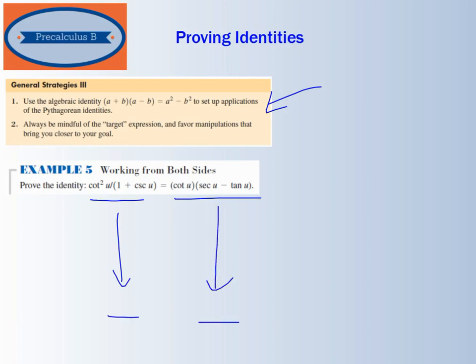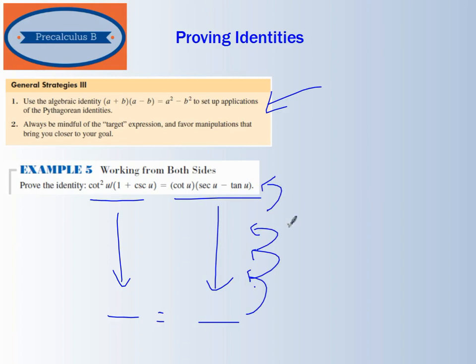Is that enough to be a proof? And the answer is yes, because if I can get to that value, then I can go backwards through what I did with the right-hand side to get to our final destination. So we can work from both sides.